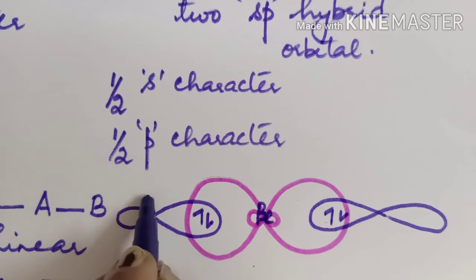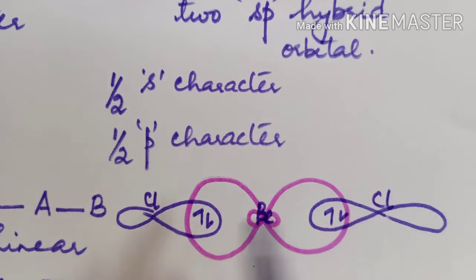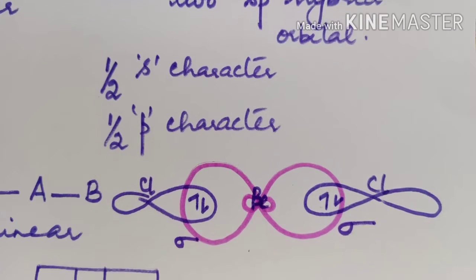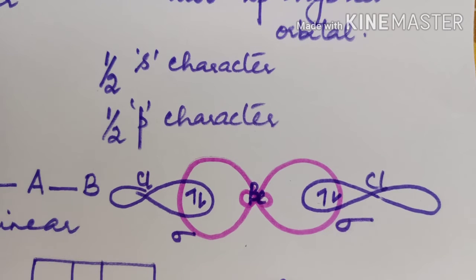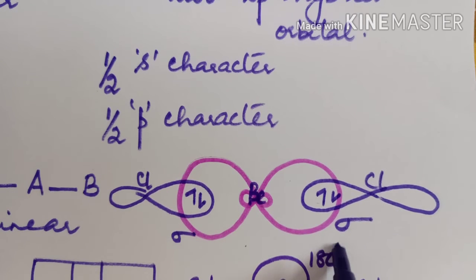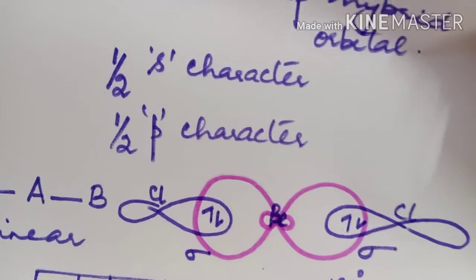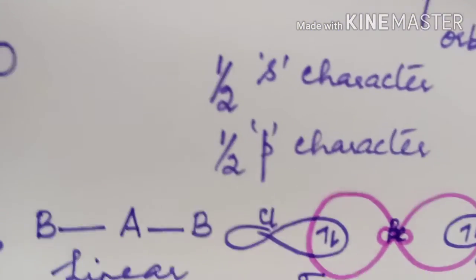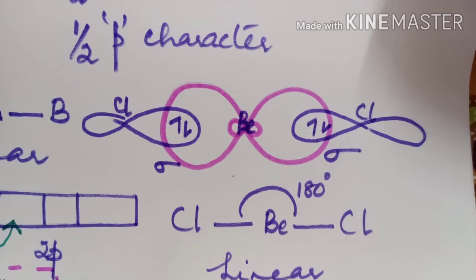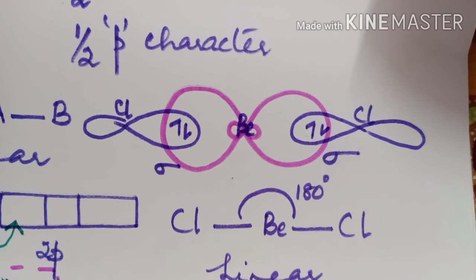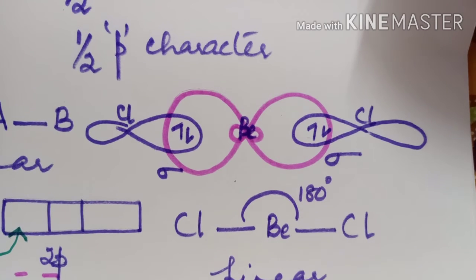This is the first chlorine, this is the second chlorine. The structure will look like Cl-Be-Cl, at a bond angle of 180 degrees. So the shape is linear. What is predicted by VSEPR theory is found to be true in the case of hybridization too. Beryllium chloride has a linear shape.